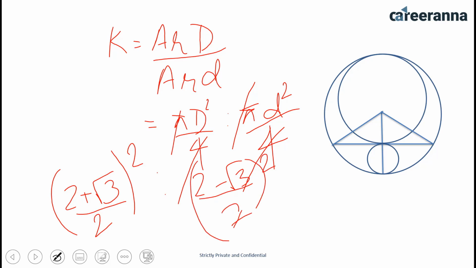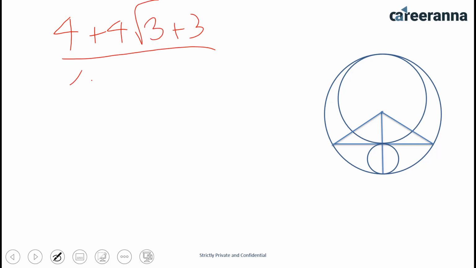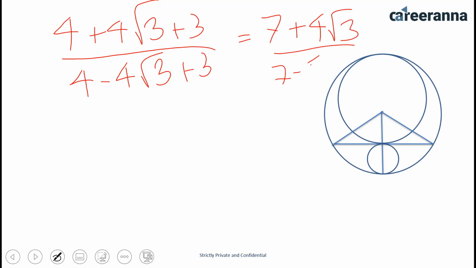Again the 2 square and 2 square in the denominator get cancelled. We are left with (2 plus root 3) whole square upon (2 minus root 3) whole square. If I open it, this will become 4 plus 4 root 3 plus 3 upon 4 minus 4 root 3 plus 3. So this becomes 7 plus 4 root 3 upon 7 minus 4 root 3.